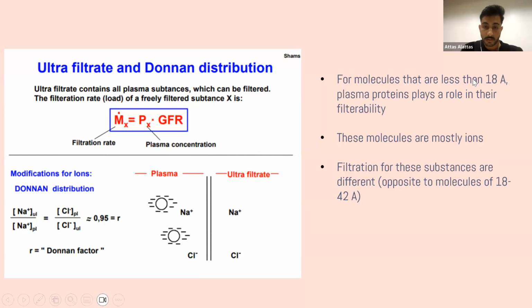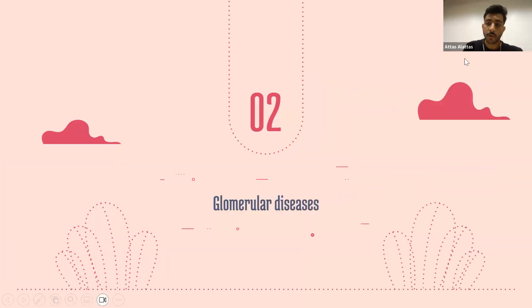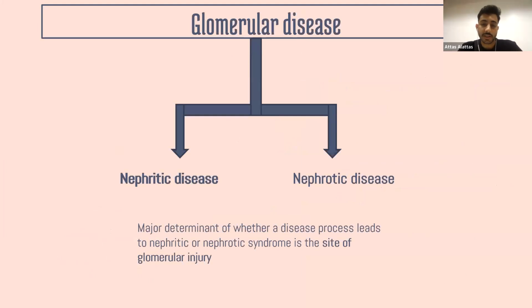Perfect. Right. Now we move on to the second part of our lecture, the glomerular diseases. The glomerular diseases are two categories of diseases: the nephritic disease and the nephrotic disease. For you to decide if a disease is nephritic or nephrotic, it depends on the site of glomerular injury.